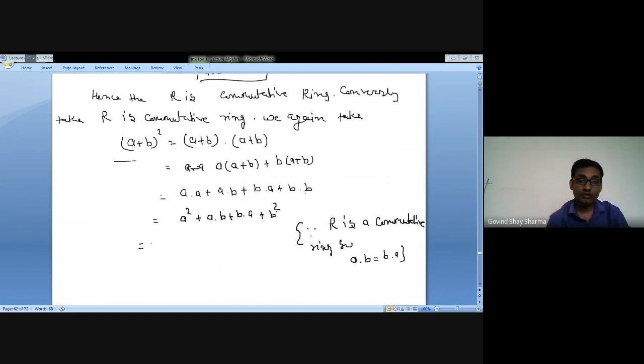Now we put here a square, a dot b. We can write b dot a as a dot b. This becomes a square plus 2ab.